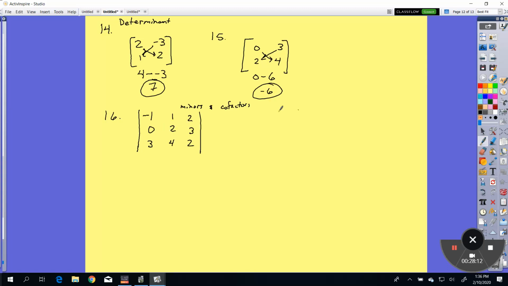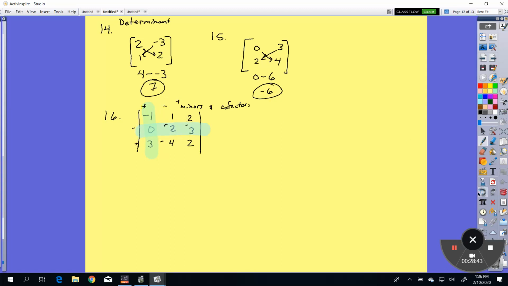Number 16 says minors and cofactors. Because there's a 0 in that first column, I would either use that row or I would use that column. Whichever one you choose, it's fine. Just remember this: it goes plus, minus, plus, minus, plus, minus, plus, minus, plus.